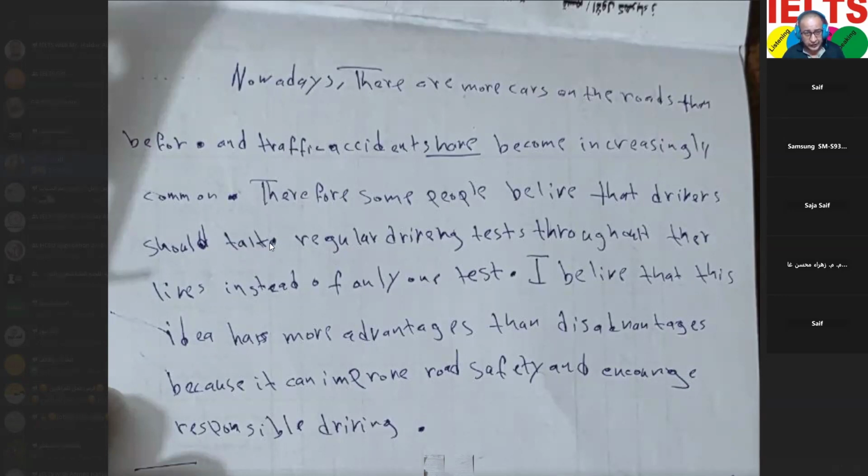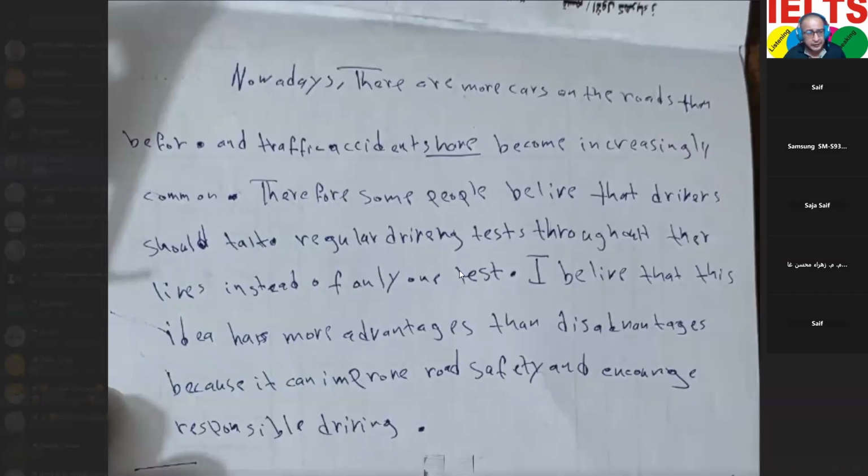No, sorry, just a second. There is a mistake in the spelling. This is stop, not take. Regular driving, a mistake also in the spelling. Tests throughout their lives, a mistake in spelling, and instead of only one test.